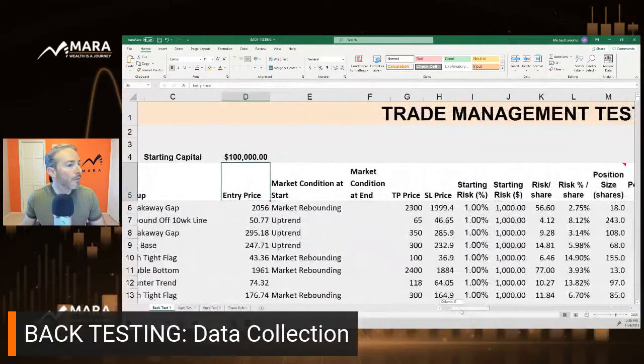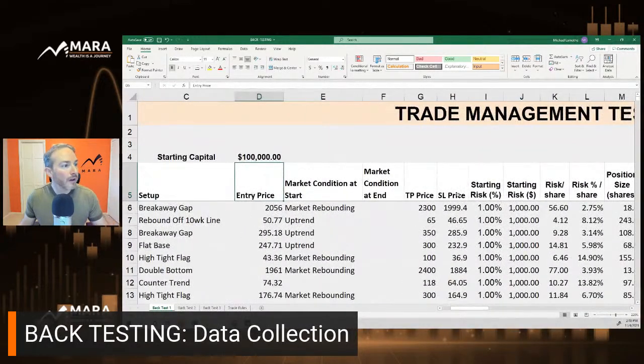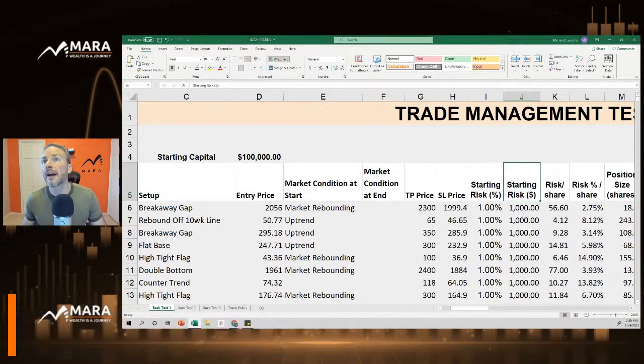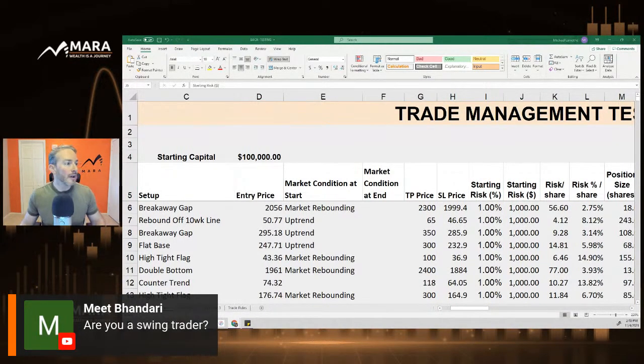We could go through each one of these headings and start to say why each one of them matters. For me, yes, I am a swing trader. My typical holding period for swing trades tends to be about 20 days, 21 days or so.